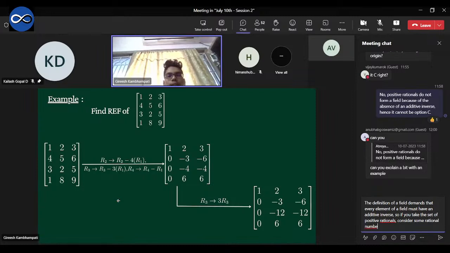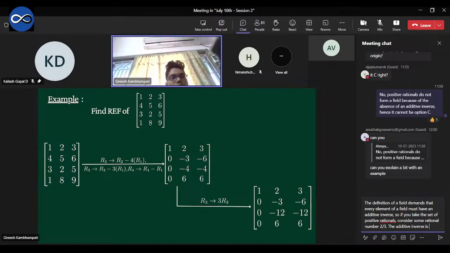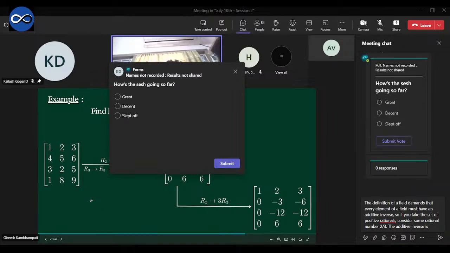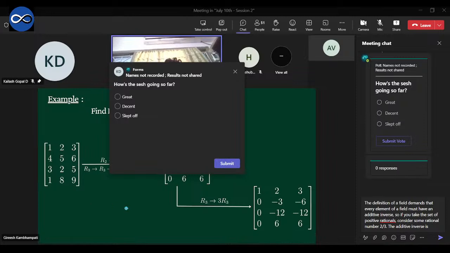First, we want to find the row echelon form of this matrix. What we are exactly doing is, first we'll make the first element of every row 0, as shown here. By applying these operations, we will make the first element of every row 0, and sometimes while making the first element 0, we may get the second element also 0.